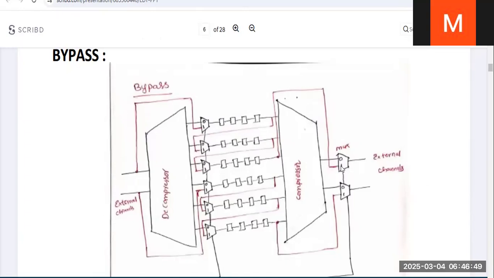If it is 1, this is connected like this with 12 flops, and this is also connected like this with 12 flops, as an external scan chain. So the function of this EDT bypass is to convert the compressed scan chains into uncompressed scan chains, and it also bypasses the decompressor and compactor logic.